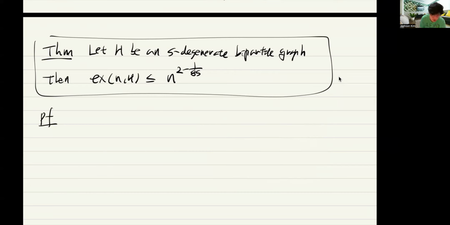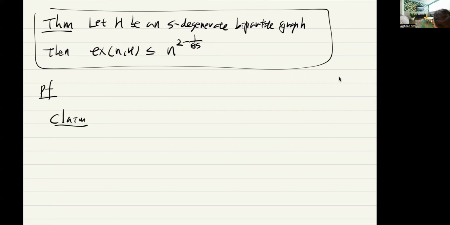So instead of one set U, now we need two sets, U1 and U2, where all the s-sets in U1 have a large neighborhood, and all the s-sets in U2 also have a large neighborhood.